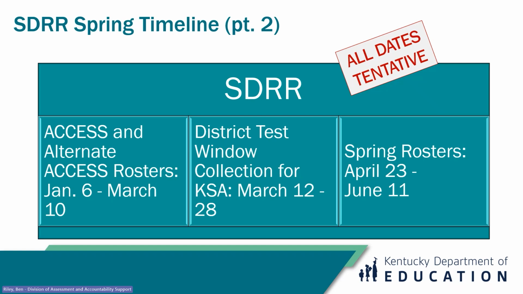This gives us a few weeks to close the access rosters, populate them with students, and reopen them with the rest of the rosters. The spring rosters are KSA, AKSA, Access, Alternate Access, and Post-Secondary Readiness. The announcements section in SDRR is where it appears upon login to the system that will display reminders of when the parts are opening and closing.